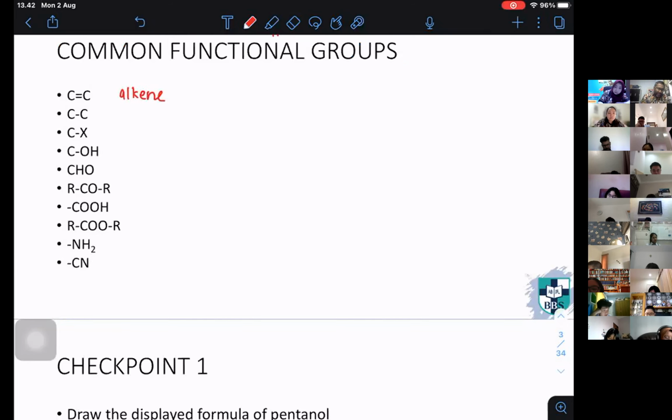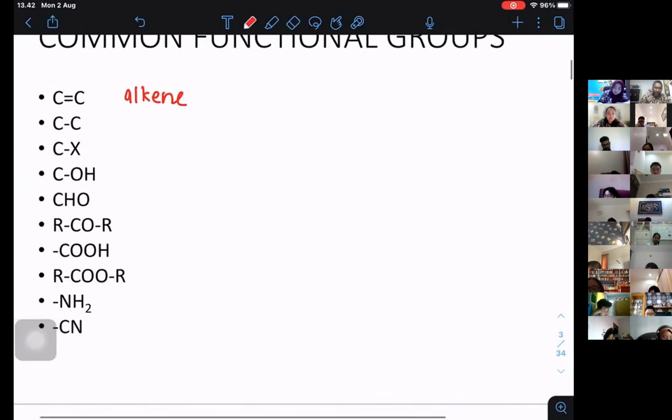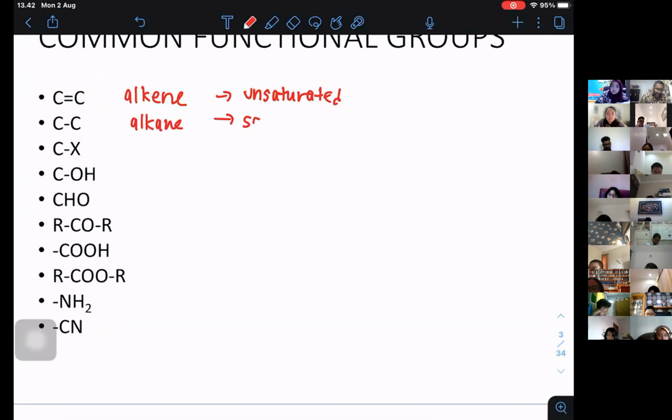Alkene is also known as unsaturated hydrocarbon, and this one is going to be alkane, known as saturated hydrocarbon. When we have CX, X can be Cl, Br, or I. So this one is going to be halogenoalkane.